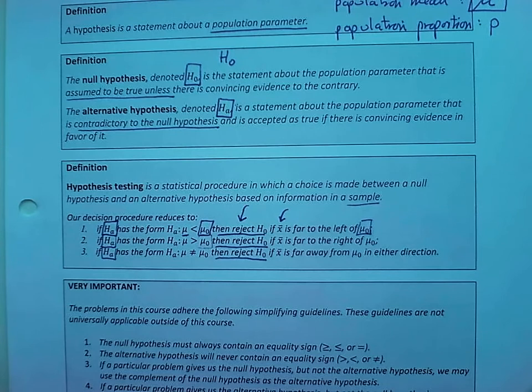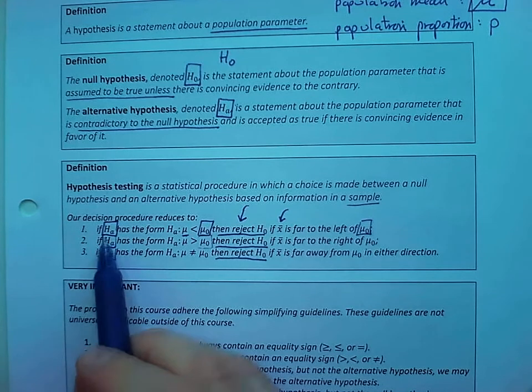If you just take that away, that we're doing two things. One, we're either going to reject or not reject the null hypothesis. We're always only going to reject or not reject the null hypothesis. That's number one. Number two, we're going to use the alternative hypothesis to determine whether or not we're going to reject the null hypothesis.